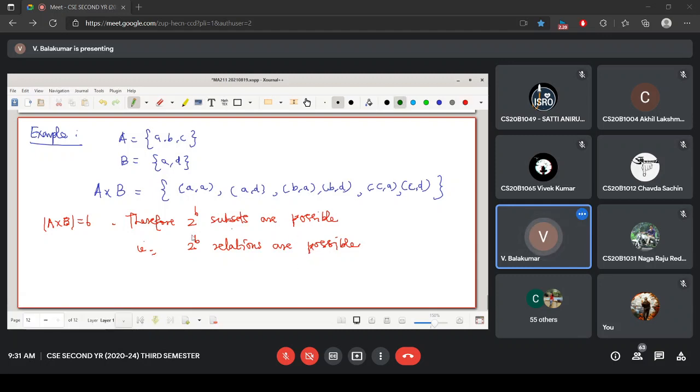For example, suppose I write R as some subset, I am writing (a,a), (b,a). This is a relation from A to B. That's what I wanted.